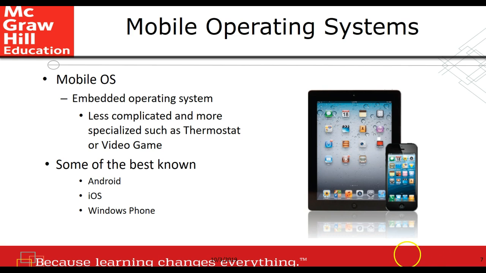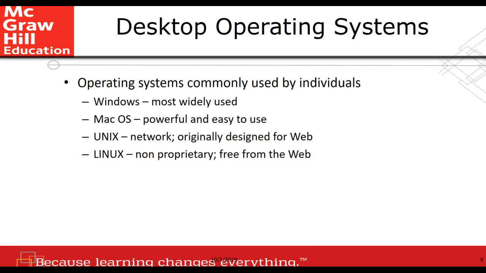Okay. The embedded one is less complicated and more specialized. This is like a thermostat or video games, right? It's for small devices. Okay, it's not like a smartphone, but it's for small devices like a microwave, thermostat, and video game. Okay, desktop operating system.